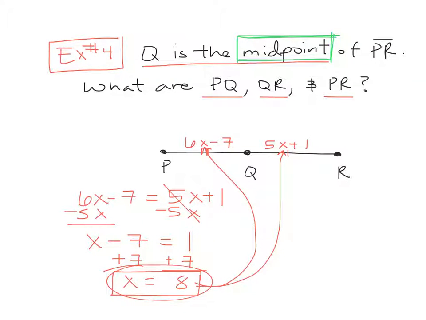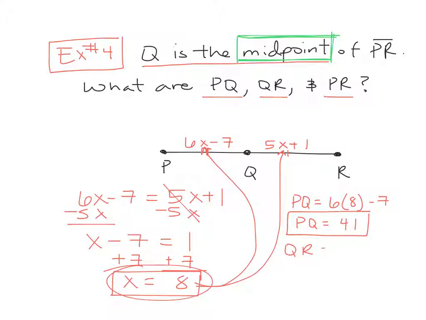So that means PQ is going to be 6 times our x value, which was what? 8. So 6 times 8 minus 7. So PQ is 48 minus 7, so 41. Okay, so that's PQ.